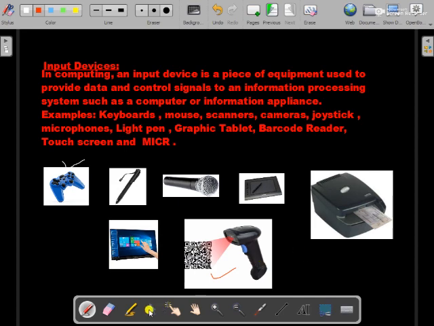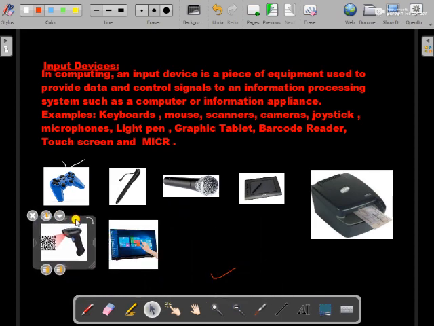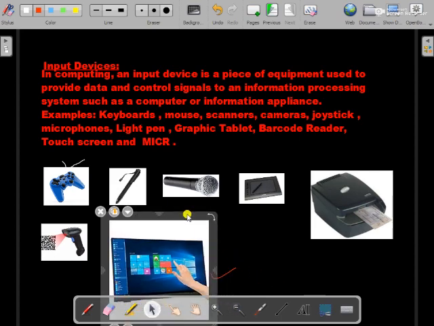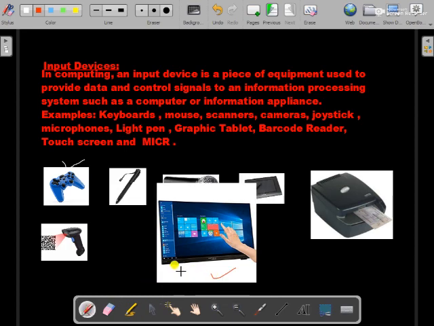Another input device is touch screen. A touch screen is a touch sensitive computer display screen that can also act as an input device.